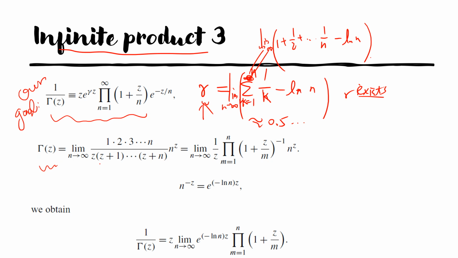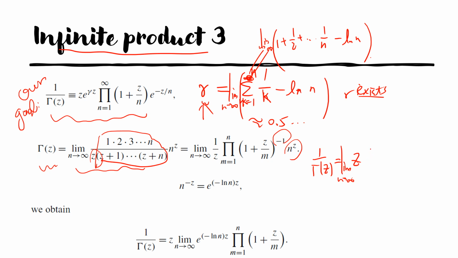If we start from gamma z, we have this, and then we can write it as the limit as n goes to infinity of 1 over z. We just take out this 1 over z, and that could be the product of 1 plus z divided by n, minus 1, times n to the z. You just pull out the factor z and combine into this infinite product. So 1 over gamma of z is z times the infinite product of 1 plus z over n, where the negative 1 becomes 1, times n to the negative z.